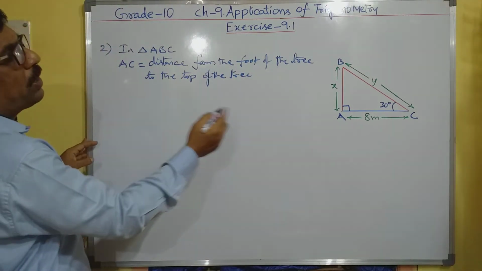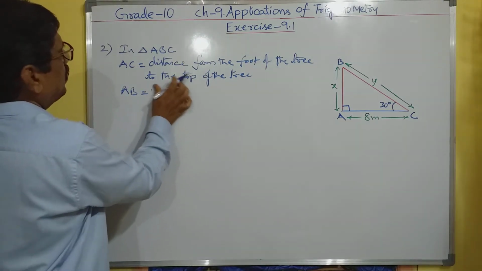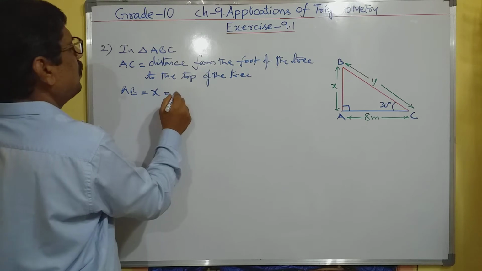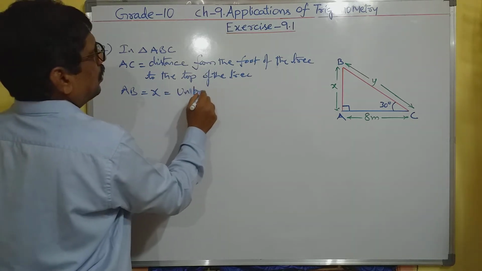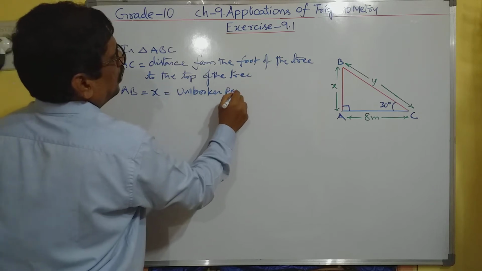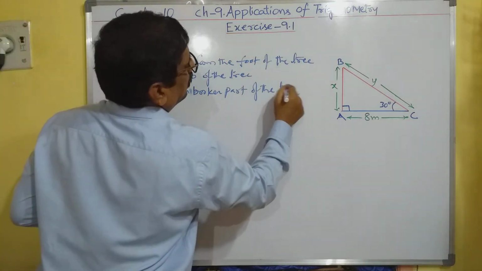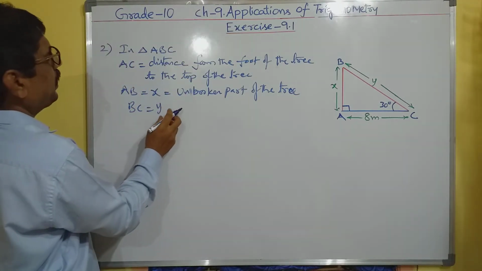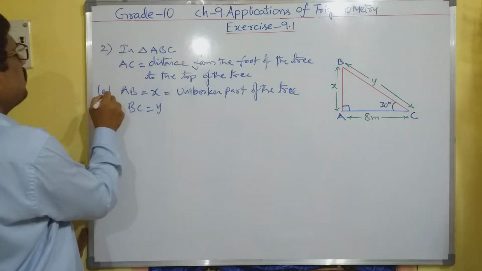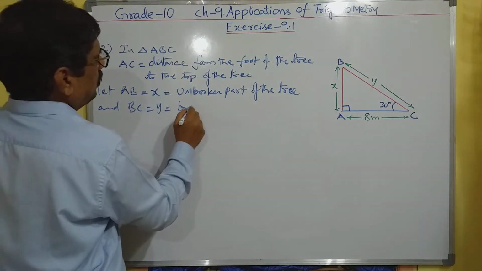And what is AB? AB is equal to x, the unbroken part of the tree. And what is BC? BC is equal to y, the broken part of the tree.